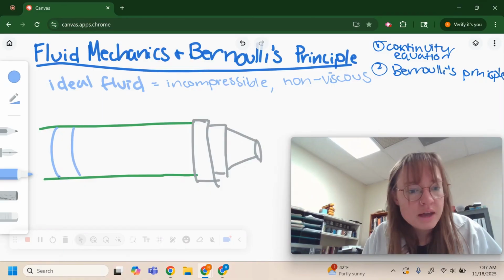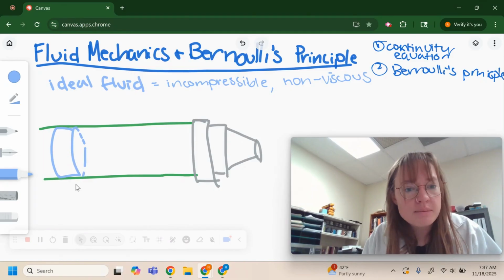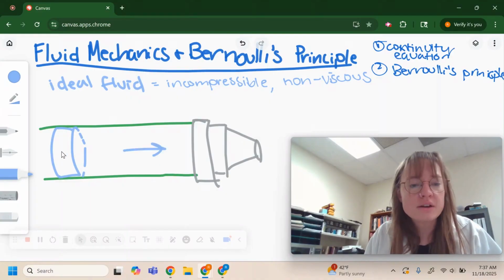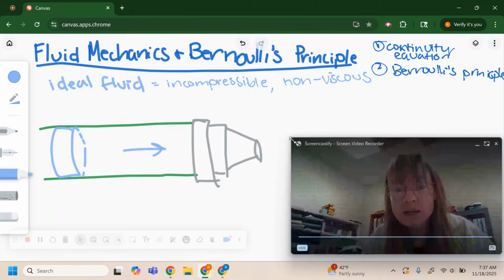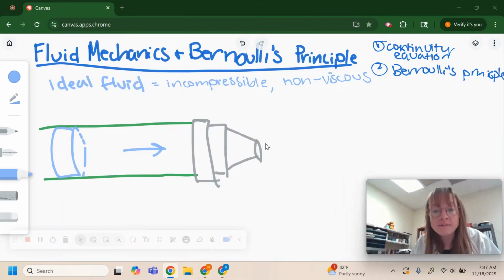If you have some water, I'm imagining water flowing through this whole thing, but I'm drawing just a chunk of water here. If I have a certain amount of mass per time moving through this part of the hose, that means I also have to have the same amount of mass per time leaving the hose on this end.